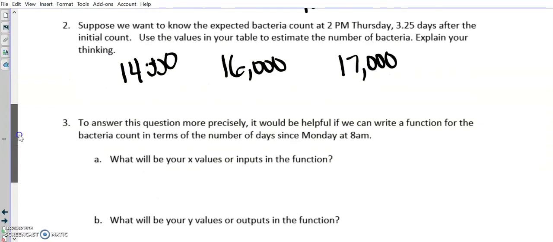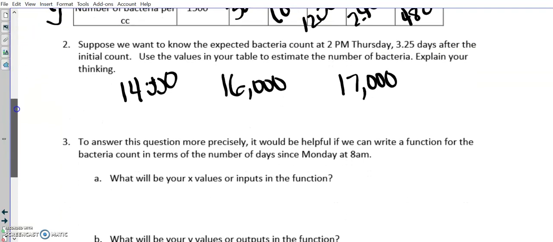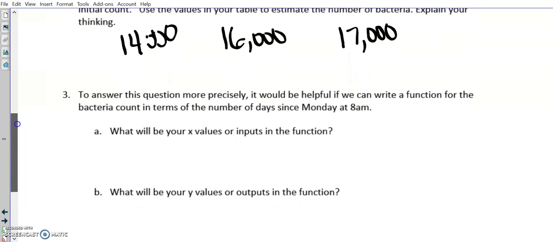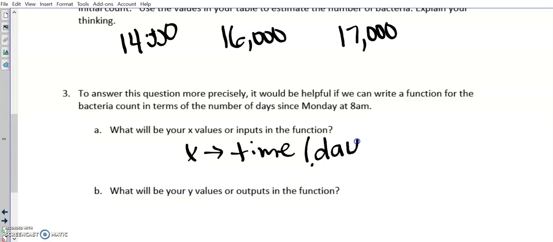Looking at the table, really, if you guys think of it up here, x is going to be our time of days, and y is going to be our number of bacteria per cubic centimeter. So the amount of bacteria depends on how many days have occurred throughout the day. So x would be our time, and if we want to get specific, time in days.